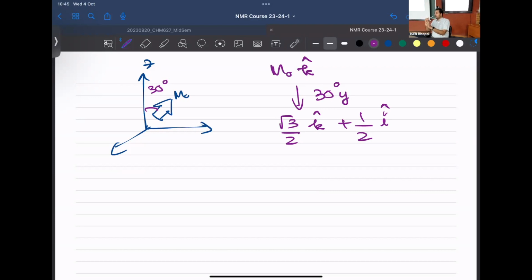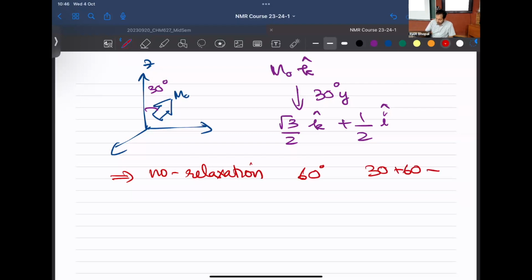This 30-degree tilted magnetization will precess about B0 after the application of the pulse. Remember, it's not along Z anymore. It's at an angle with respect to Z. If you go to the rotating frame, it's going to be static. No relaxation happening. So under that condition, you can just apply another 60-degree pulse to get 30 plus 60 to 90. You understand? Yes, sir. When no relaxation happens, which is not true in many cases.